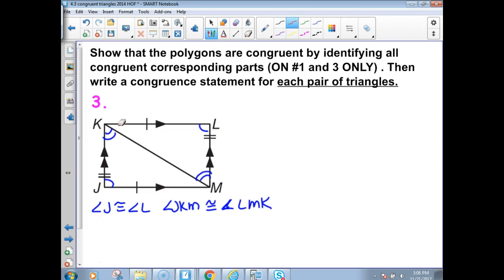Now I'm going to go to this angle and this angle. So I'm going to call that top one LKM. And it would be congruent. How am I going to name it? I started with L, went to K, then to M. So on the other figure, I have to start at J, go to the angle M to the K.